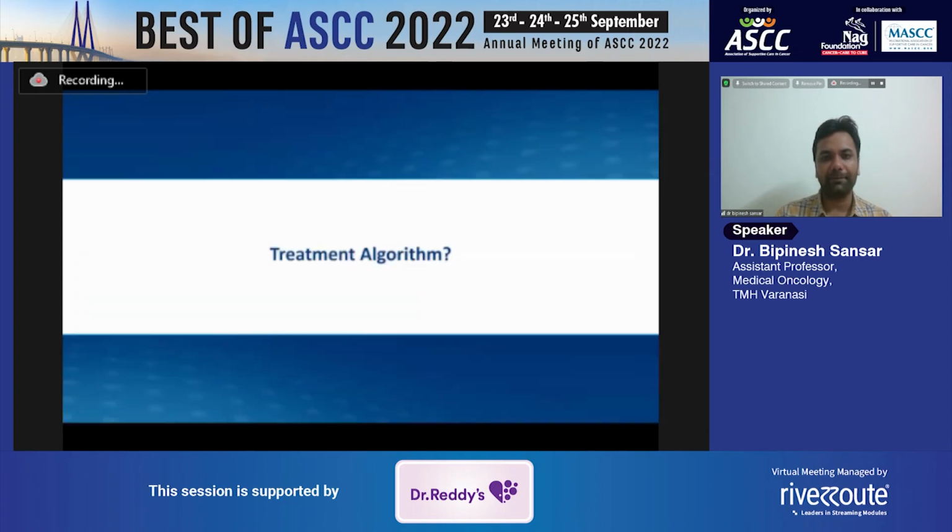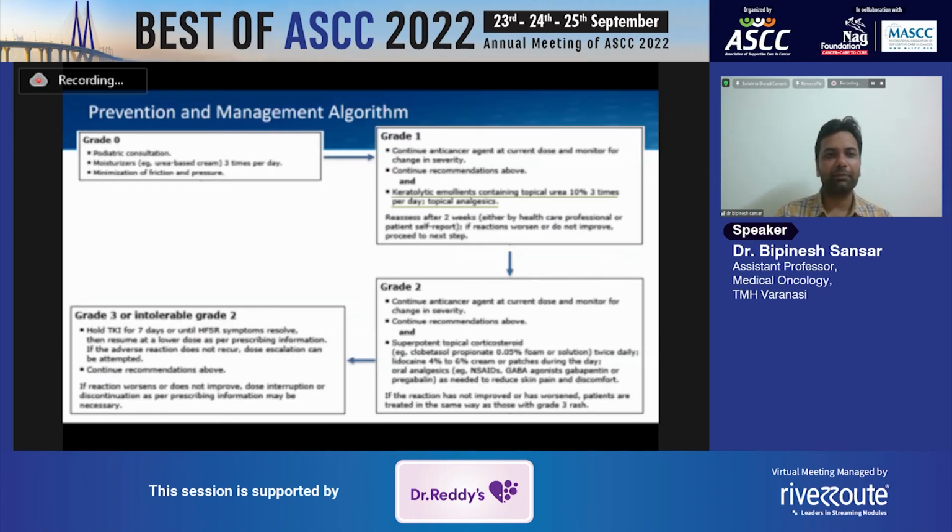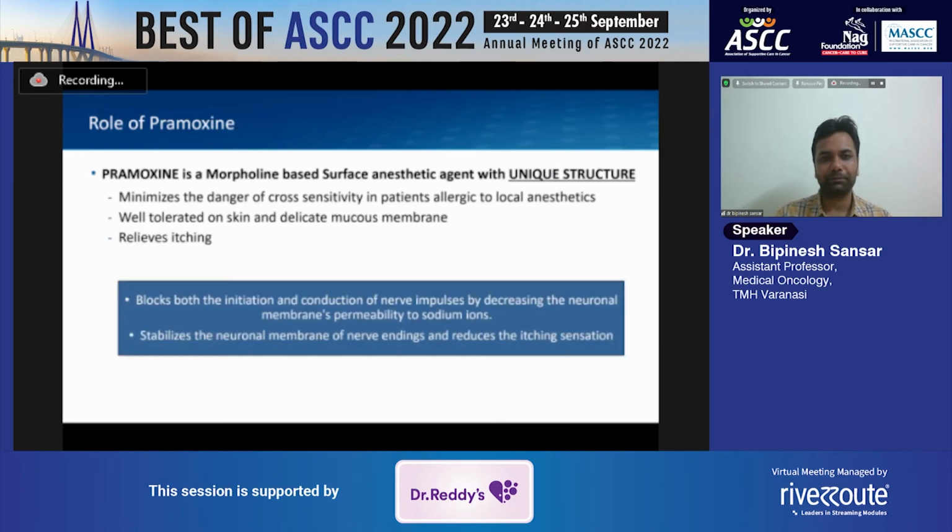So the treatment algorithm, grade 0, 1, 2, 3. As I said initially, prevention with moisturizers, and for grade 1, monitoring and use of emollients including those containing urea, and for grade 2 and grade 3, use of corticosteroids or local anesthetic creams, and reduction of the dose of the chemotherapy as appropriate.